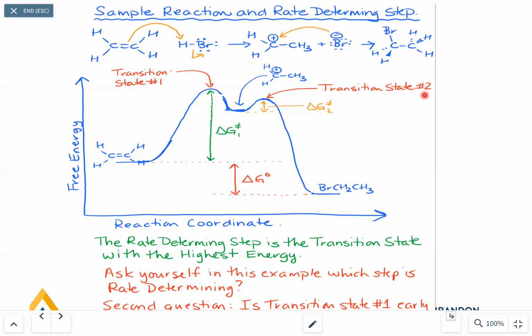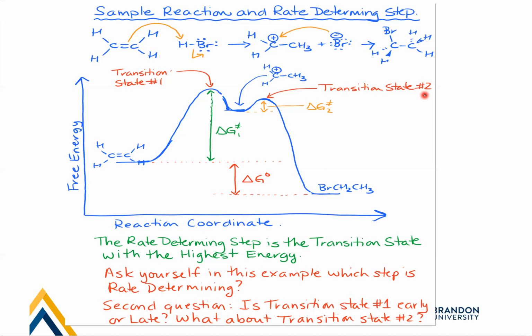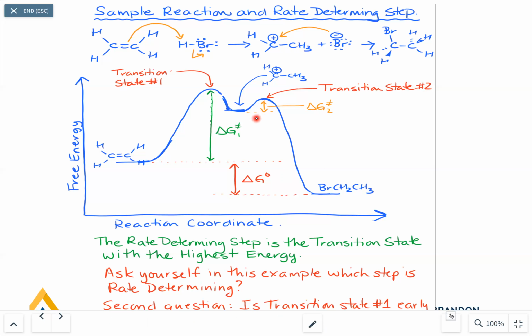Actually, let's see, what's the best way to describe this? Okay, a potential question I could ask on a test would be, draw an energy diagram which fits all of the following criteria. So, what would be the following criteria?